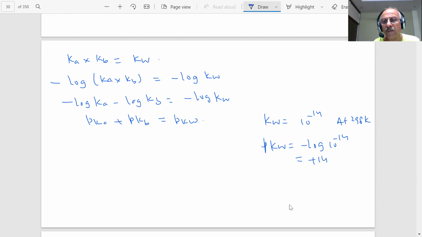Plus 14. So if the conditions are not given, it is assumed standard conditions. pKa plus pKb is 14 at 298 Kelvin. Important formula, student.